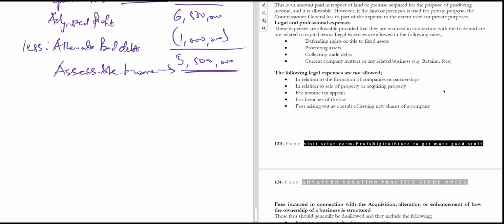If you raise an income tax appeal or the commissioner calls you to court and you incur some costs, you cannot charge it to your account. When you breach any tax law and you incur any legal cost, it's not allowed. When you issue fresh shares in a company, there are some legal fees that you pay, some seals that you pay for, right? Because they are share transactions. Those fees are not allowed.